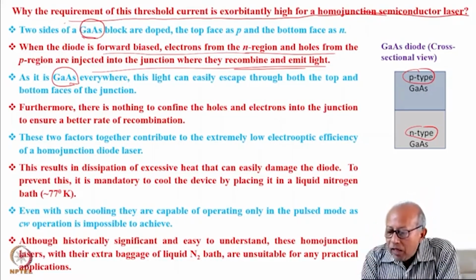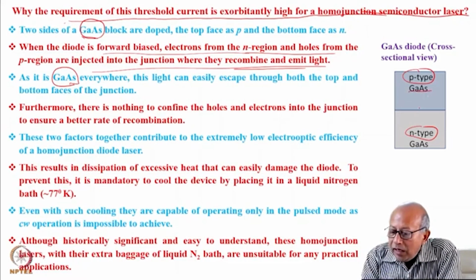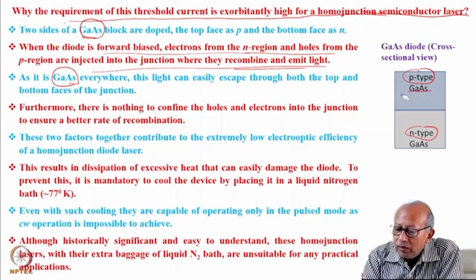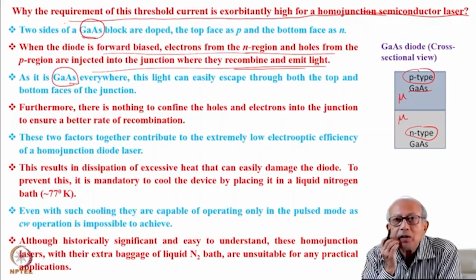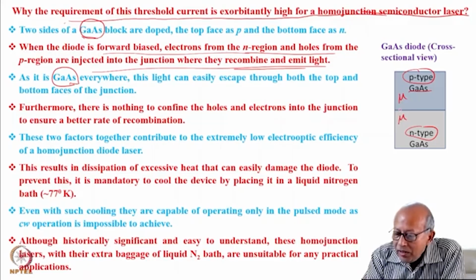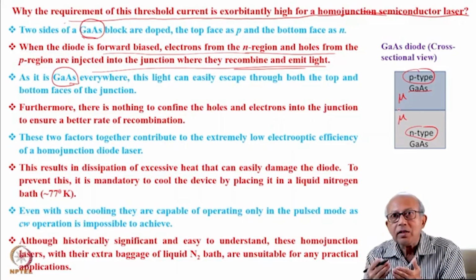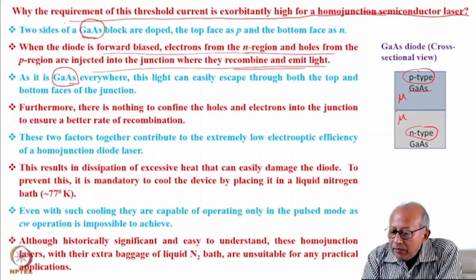Both sides are gallium arsenide, so the refractive index, I call it mu, is the same on both sides. Therefore, if the light created as a result of recombination is created here, as it strikes this, it will just get out.